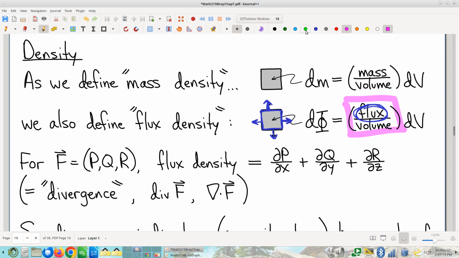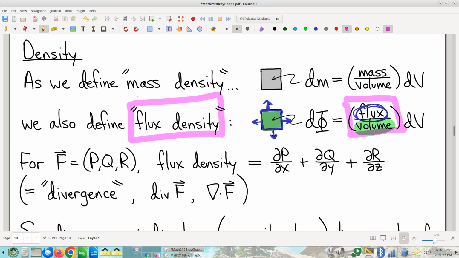Density means stuff per unit volume, and that is what I mean by the associated density. Flux per unit volume, and pretty naturally, of course, we call that flux density.